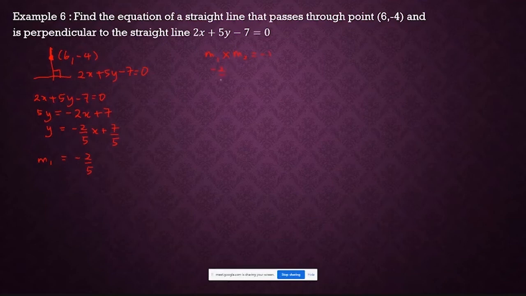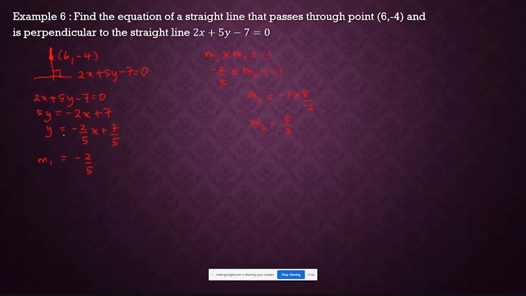Our gradient for the first line is negative 2 over 5, so you can calculate m2 as negative 1 times 5 over negative 2. So we have 5 over 2. You see here, 5 denominator, now 5 numerator. Negative, here positive. 2 numerator, 2 denominator.